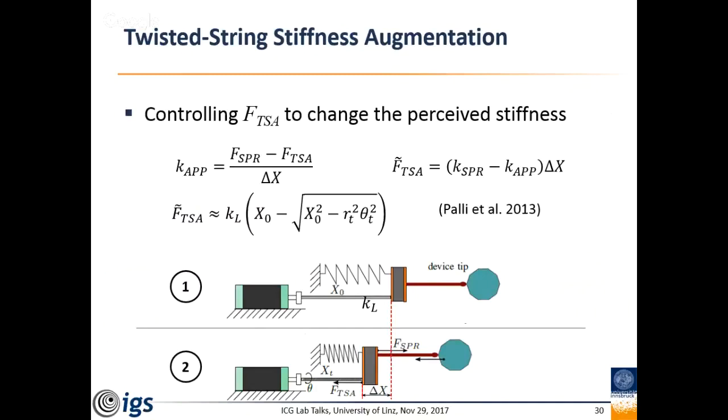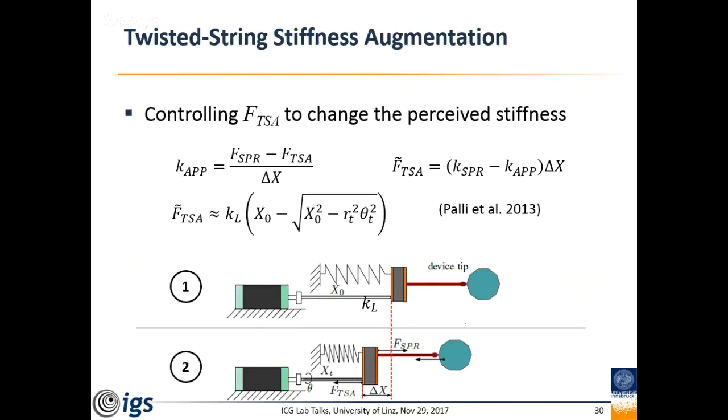We have the twisted string actuator here, and the physical spring. And if you push on this side, of course you feel the spring. But when you start actuating this, you also generate forces, pulling forces in this case. It means you can again augment the forces that you get from the spring. You have the spring forces, normal forces, and then you can pull here to make this feel softer, actually.